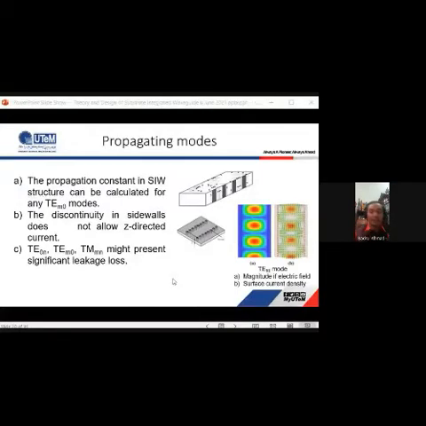Only certain modes are capable of transmitting. For example, SIW can only support TE0 modes, unlike the waveguide, which can support any mode and has unlimited modes that can propagate through it. Okay, next.